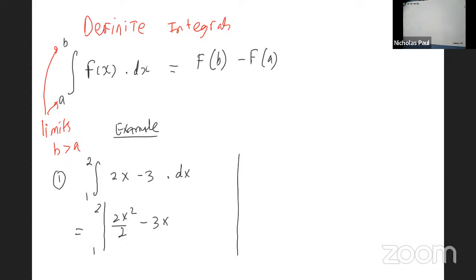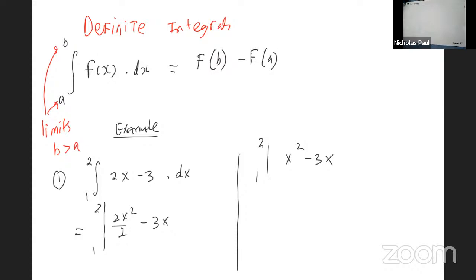So you're going to have 2 and 1 go into x squared minus 3x. Are you okay with that? After you integrate, the two things are different: you're not writing plus c, and you have to plug in 2 and 1.